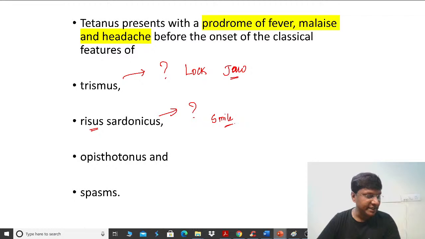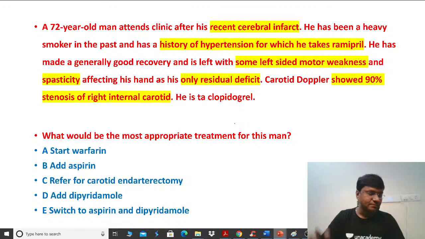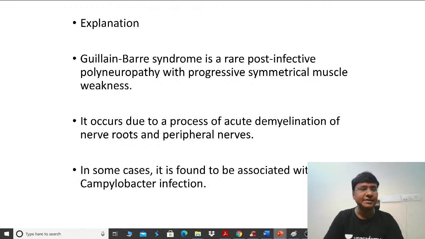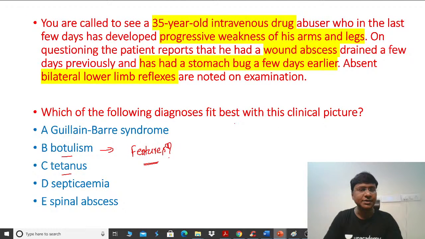The individual will be unable to make a proper facial expression, and there will be facial grimacing. So that is tetanus. That was completely about botulism as well as tetanus.